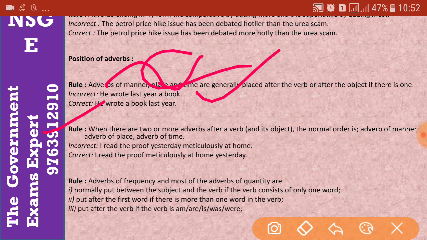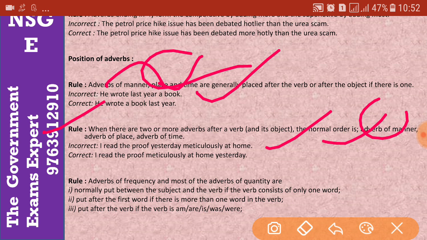Okay, so let's check the second rule. When there are two or more adverbs after a verb and its subject, the normal order is adverb of manner, then adverb of place, then adverb of time. So first of all, you have to place the adverb of manner, then the adverb of place, and last the adverb of time.